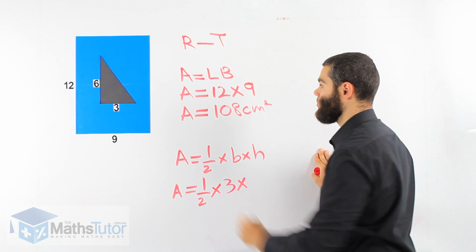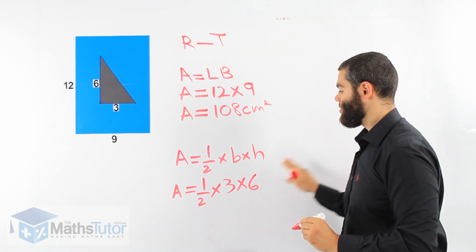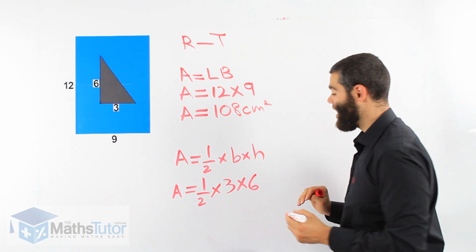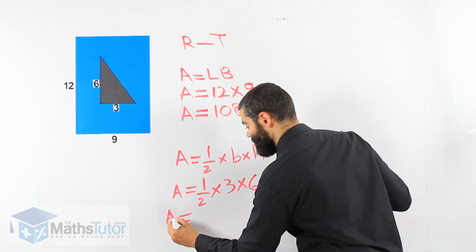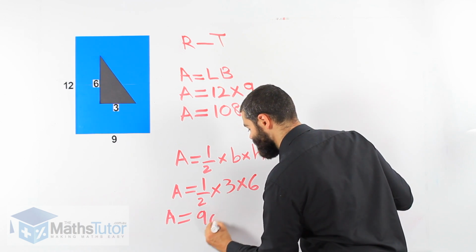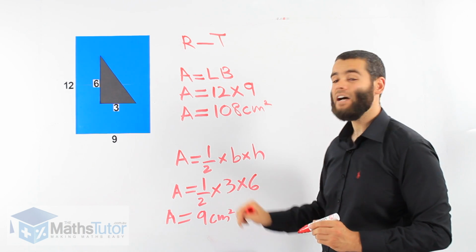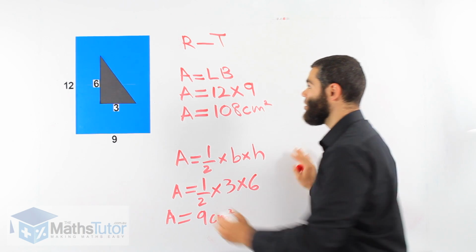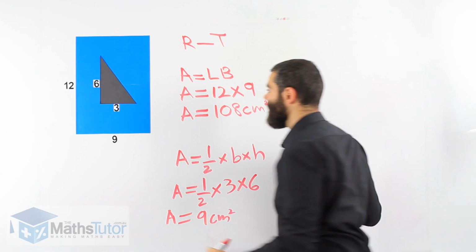And the height is 6. So 3 times 6 is 18. Half of that is 9. So the area of the black region here is 9.